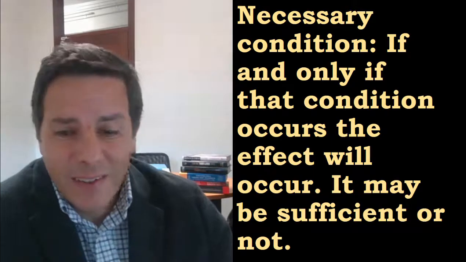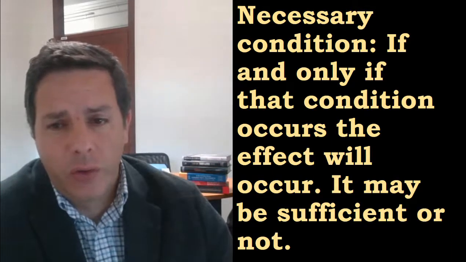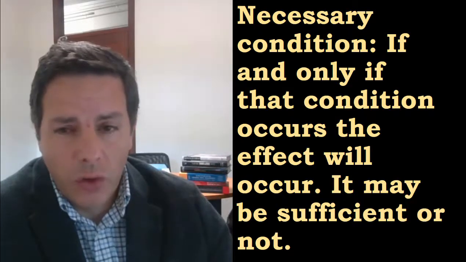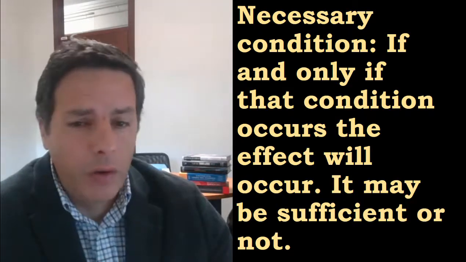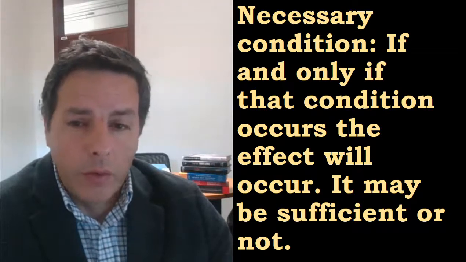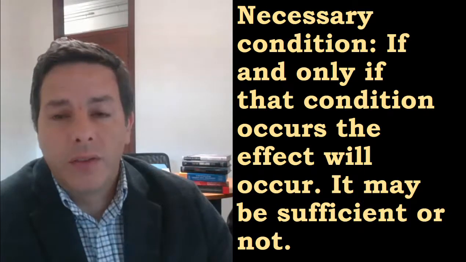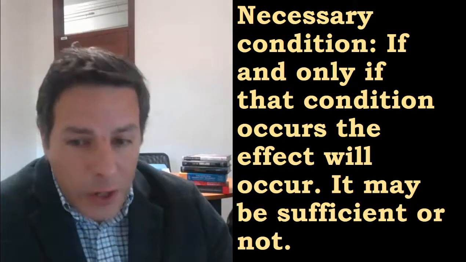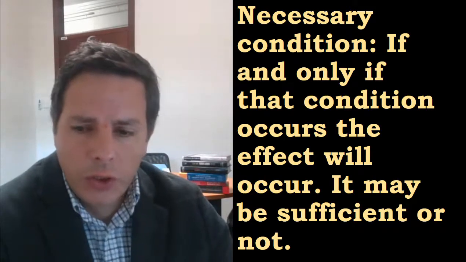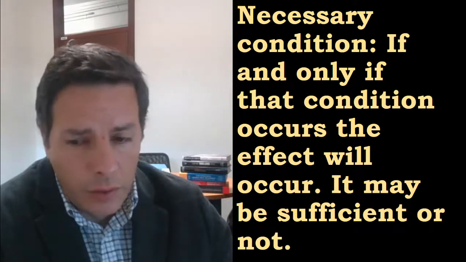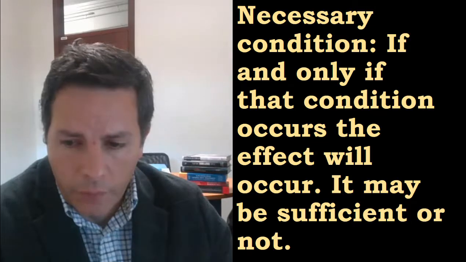So you need that condition for the effect to occur. If that condition does not occur, the effect will not occur either. So a necessary condition, you need that condition for the effect to occur. Without that condition, the effect will not occur.